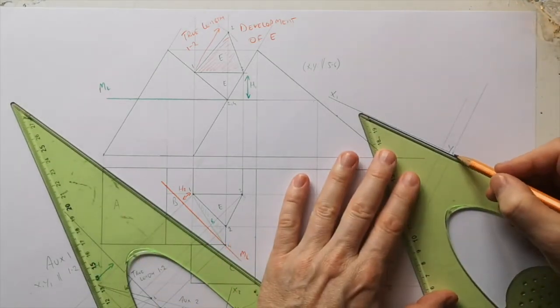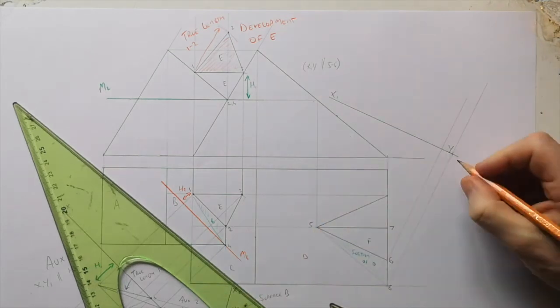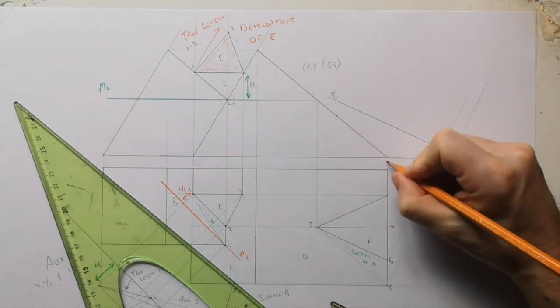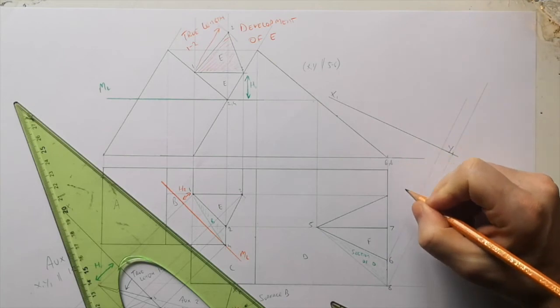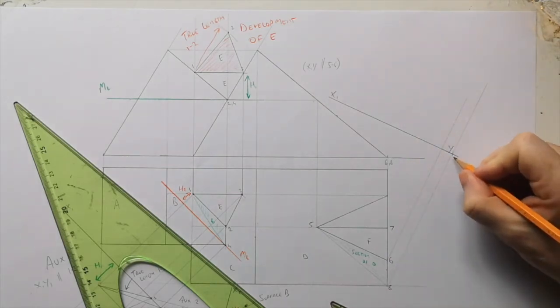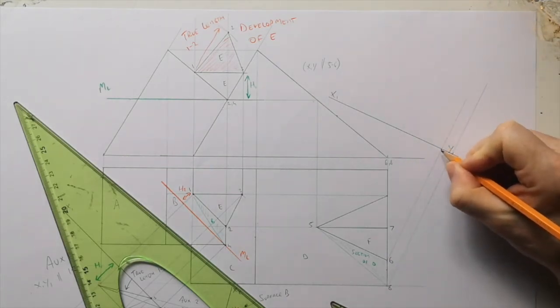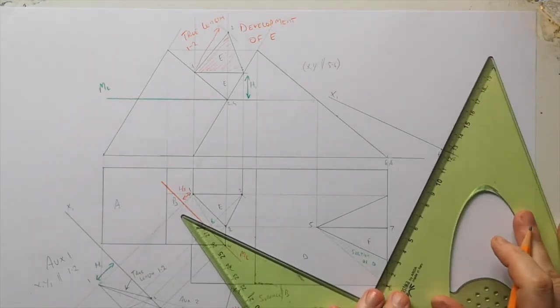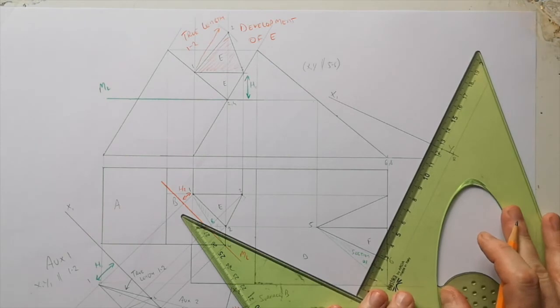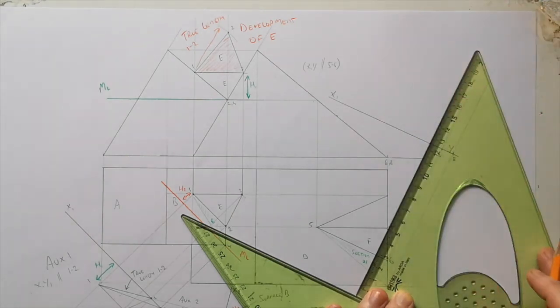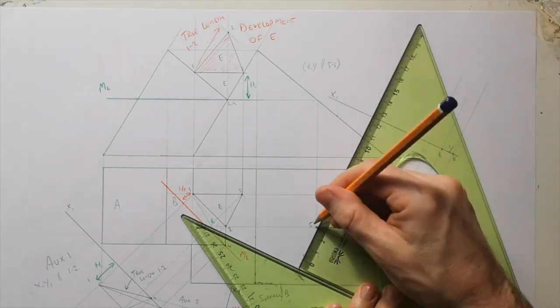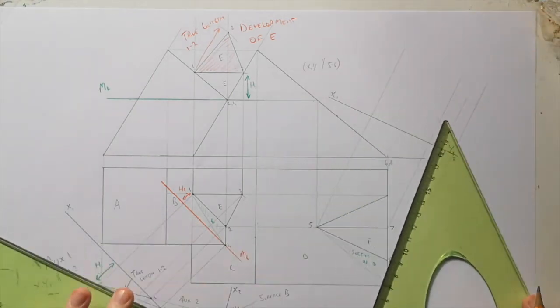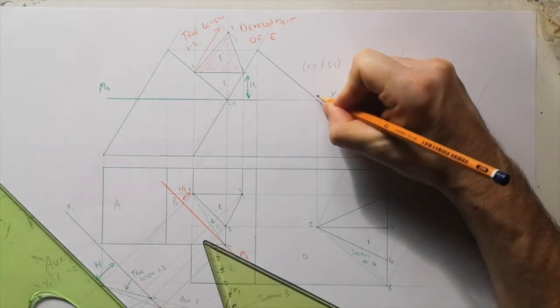It's a rather unfortunate choice of positioning of y, but we live and learn. So 6 and 8 are both on the ground down there. So that's 8, and that's 6. 7 is a bit higher up; don't know how high yet. And 5, we do know how high 5 is. Okay, that's 5.